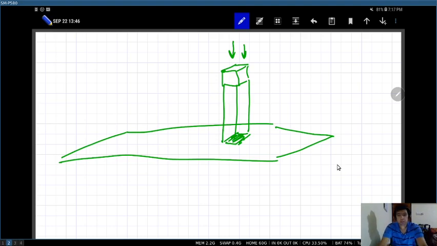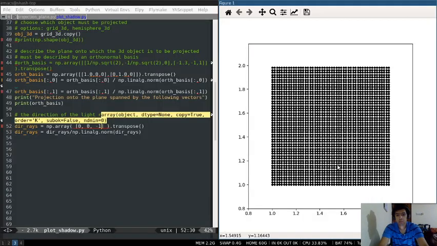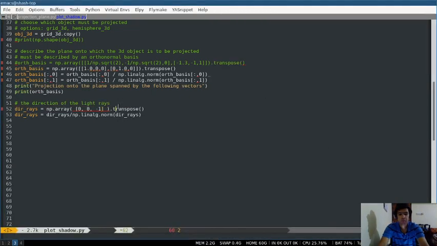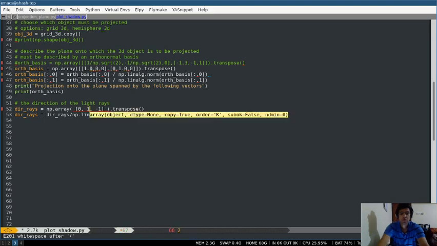So now what would happen if I shone the light in a slightly different direction, maybe something like this? So maybe I put a component of d along the Y axis, let's say 0, 1, minus 1, 0, minus 1, minus 1.